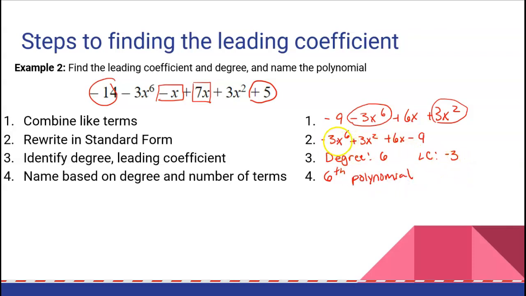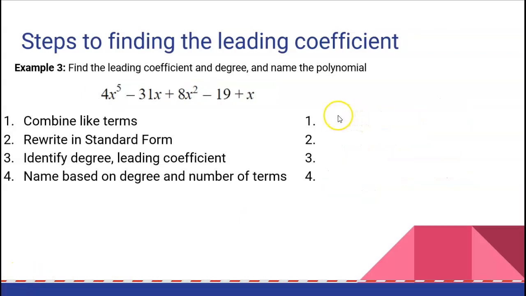And we're going to count the terms. We have 1, 2, 3, 4 with 4 terms. Oop, I forgot to add my degree. Right there. My 6th degree polynomial.